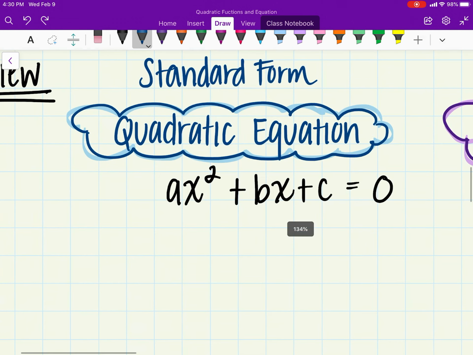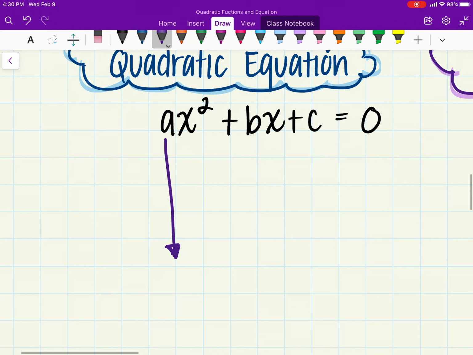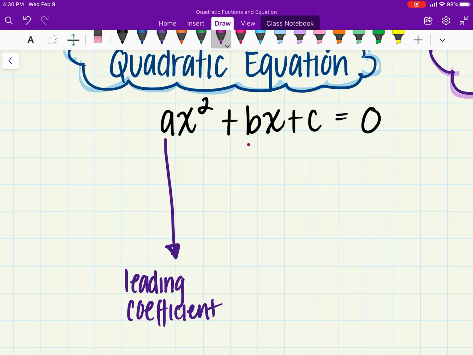Now, I do want to do some labeling here because we do need these values. Starting off with the a in this case, guys, a represents our leading coefficient. B in this case represents the x coefficient.